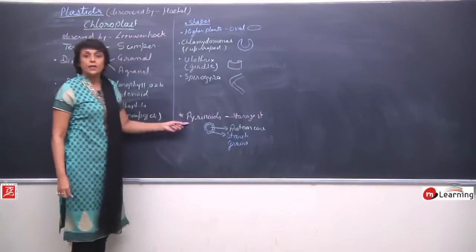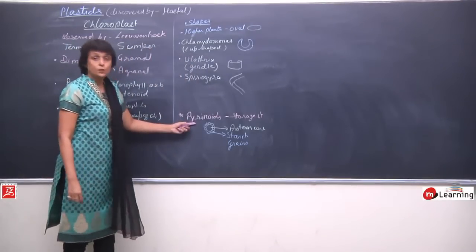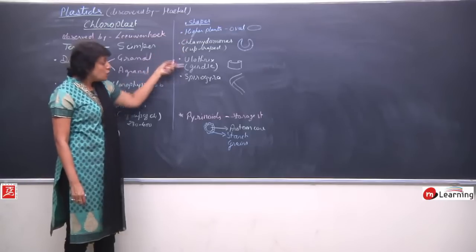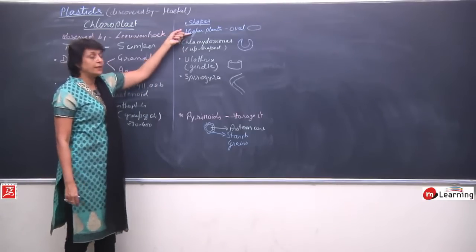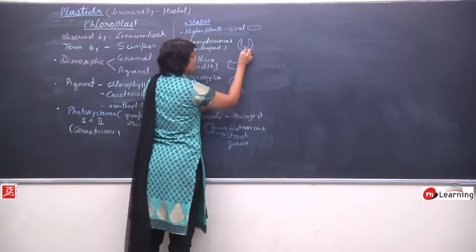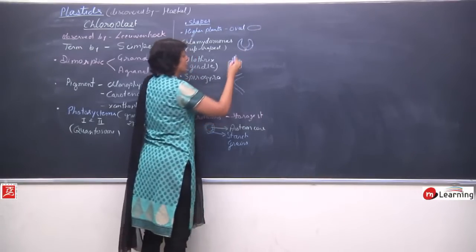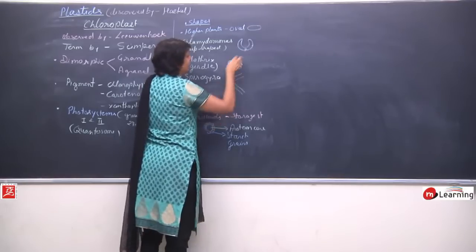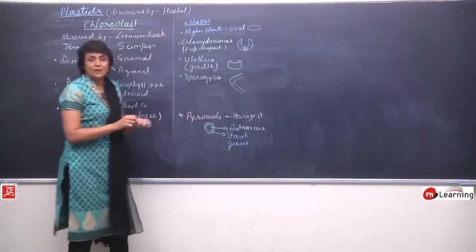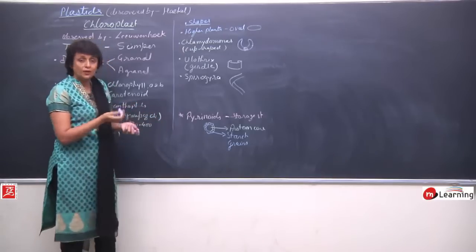This storage body is called pyrenoid, and these pyrenoids are embedded in the chloroplast of lower organisms. We don't find it in higher plants. So when we draw this chloroplast, we normally show these pyrenoids also. The number of pyrenoids per chloroplast is variable depending upon the type.